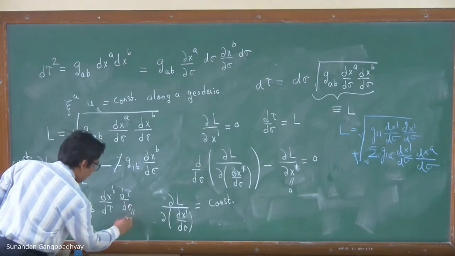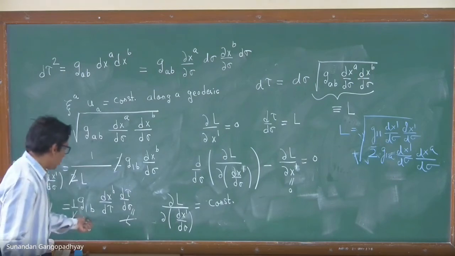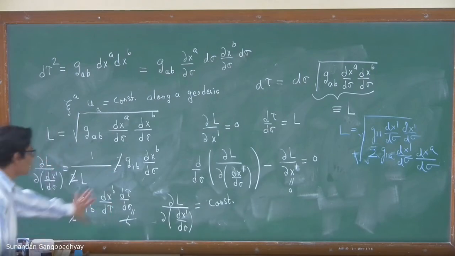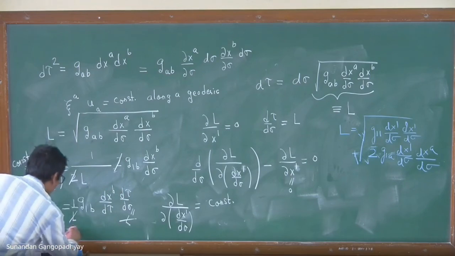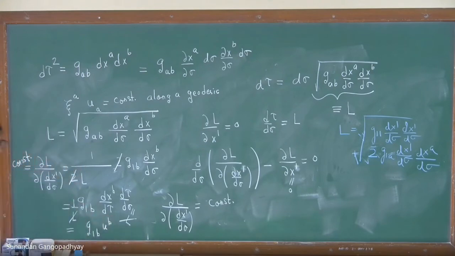This is also L. So L and L also cancel. So what you have is g1B dxB by d tau. And what is dxB by d tau? That is UB. This is g1B UB.